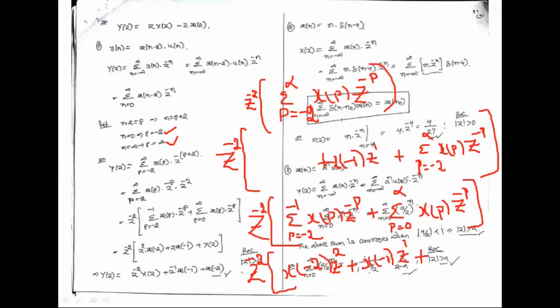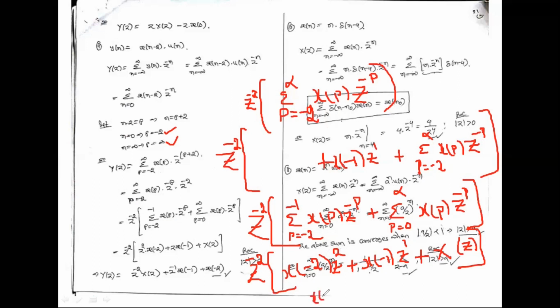Plus, and this total function, you see here, is the unilateral z transformation only, x of z. Got it? That is the way we got it. Internally we have minus 1 and minus 2 taking their functions, and 0 to infinity the other function x of z. Now I can multiply this function with z power minus 2 and z square here.